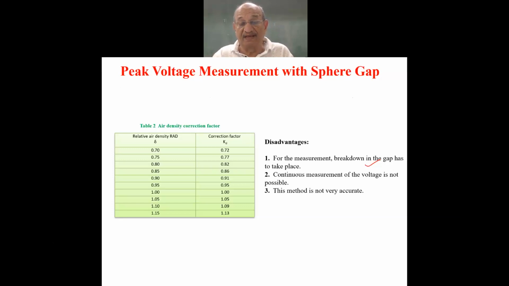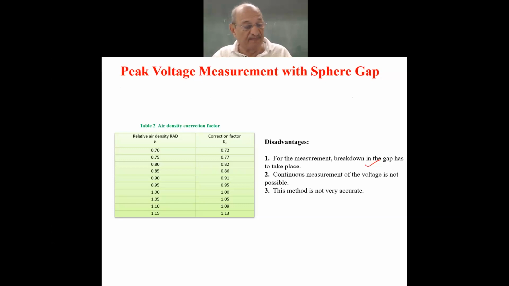That is why continuous measurement of voltage is not possible when you are increasing or decreasing the voltage, and this method is not very accurate. In spite of all precautions, there is an error to the tune of 3% estimated.